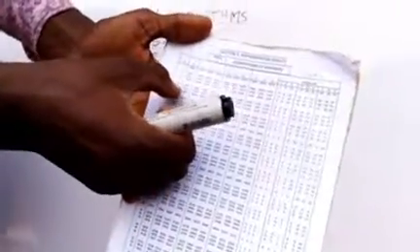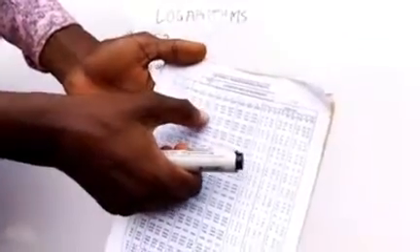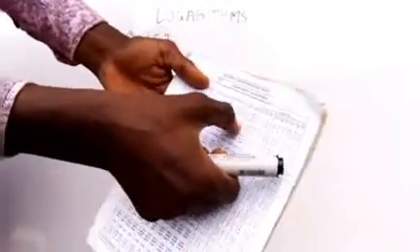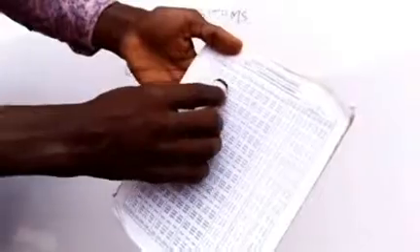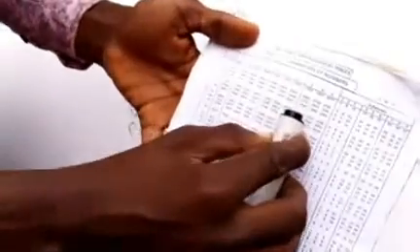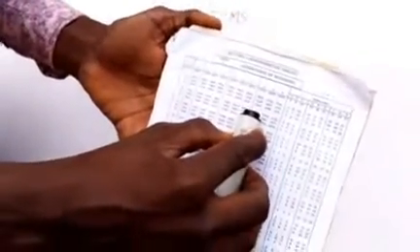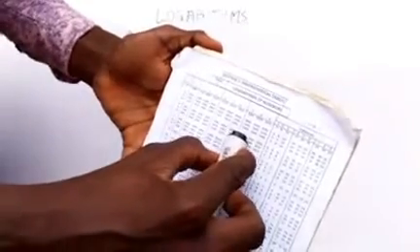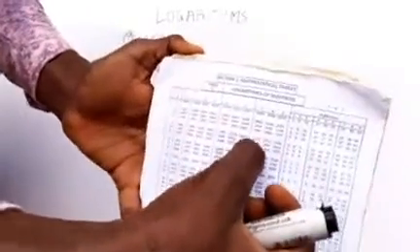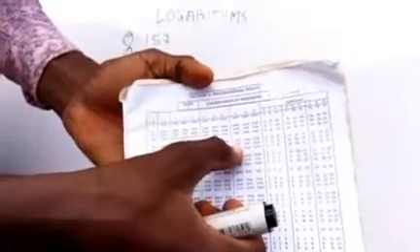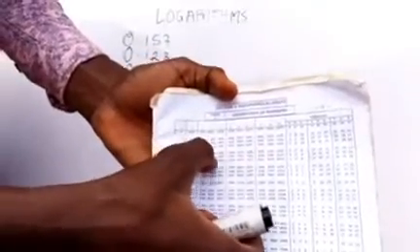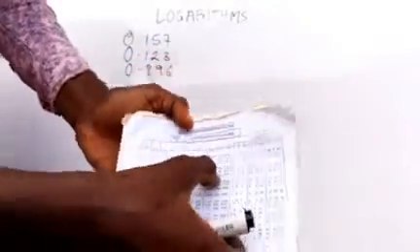Okay, let's go. Where's my 15? This is my 15, under 0, 1, 2, 3, 4, 5, 6, 7. Now you can see my 15 under 7: that is 1959. This is my 15 under 7, 1959.